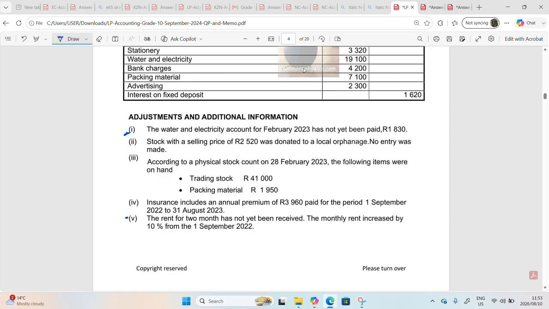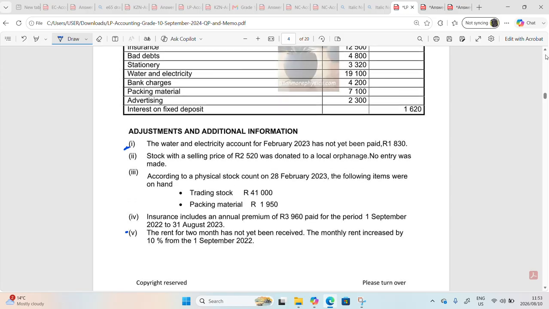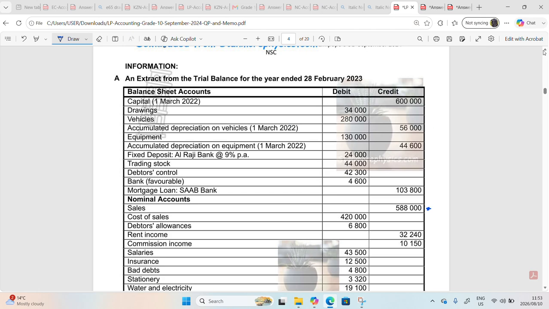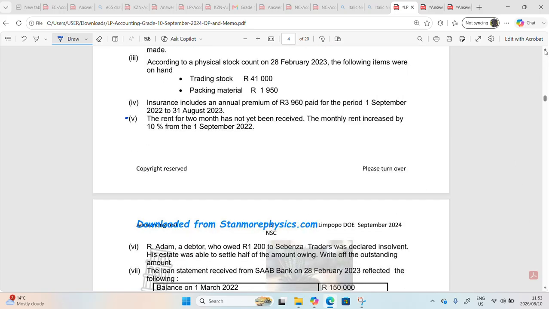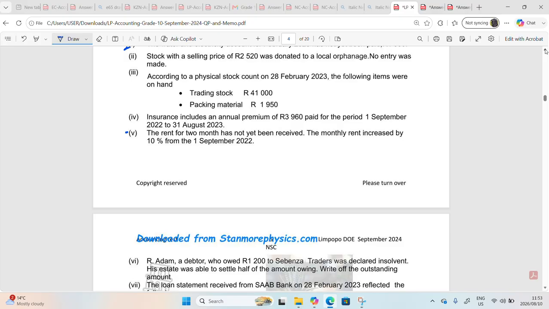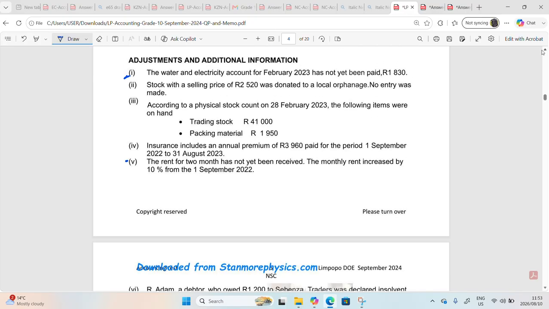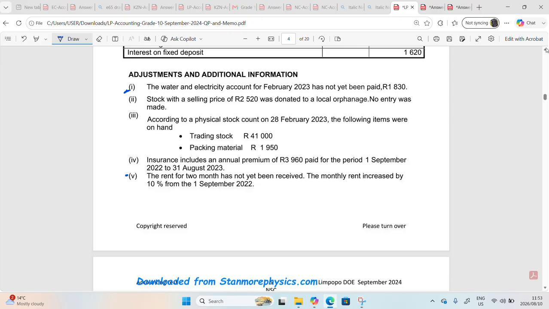Insurance. Let's check insurance, guys. So we have a Roman figure number 4.